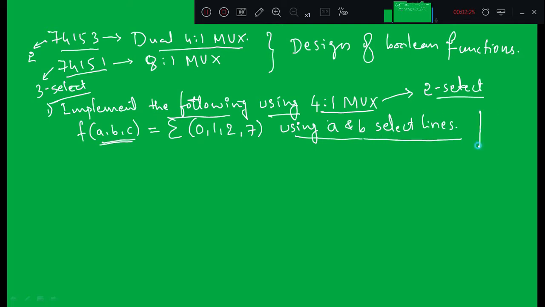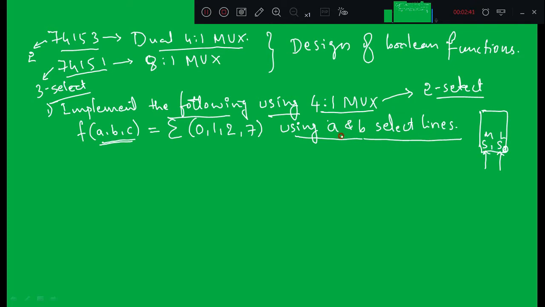If I draw a 4:1 mux in symbolic form, for understanding purposes, let us say it has two select lines, S1 and S0. S1 is MSB, S0 is LSB.